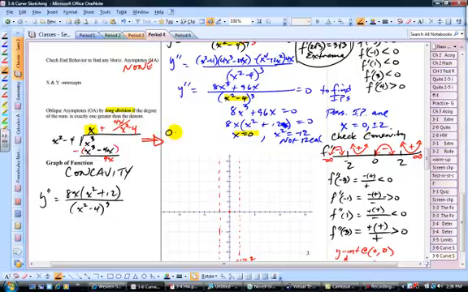So, OA for oblique asymptote, VA for vertical asymptotes, and HA for horizontal asymptotes. The oblique asymptote is y equals x. So I need to plot that as well. So here we go. y equals x here.